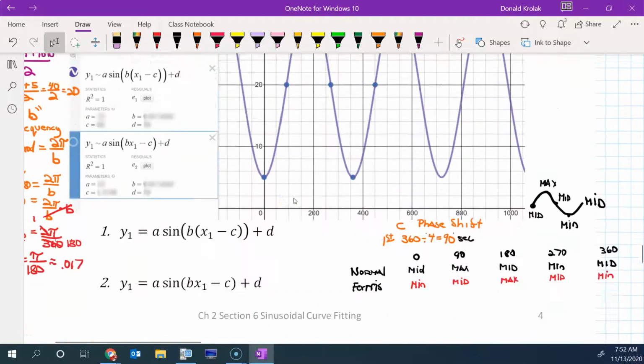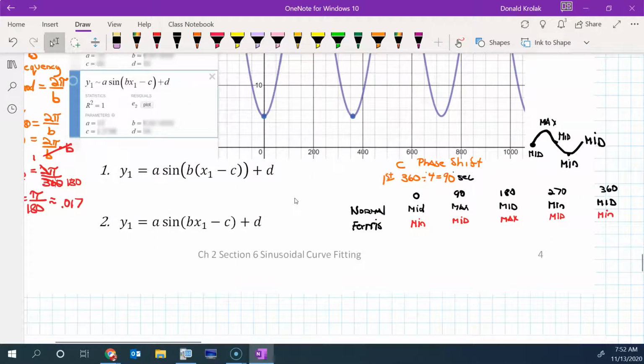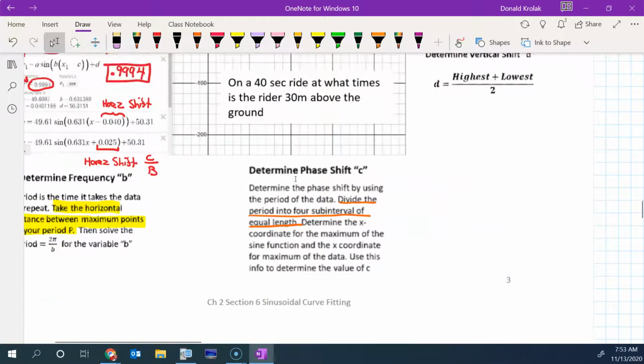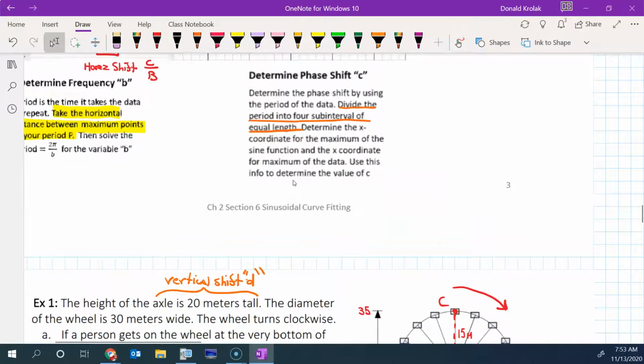So what would I have to do to the normal sine curve so that it would match up with the Ferris wheel? How would I have to slide those values? I want this to match up with this. That's what this is telling you right here. It says, determine the x coordinate for the maximum of the sine function and the x coordinate of the maximum in the data, and then use this to determine the value of c.